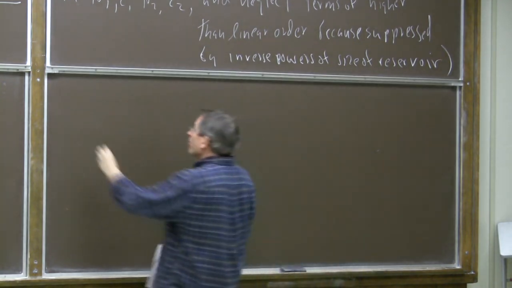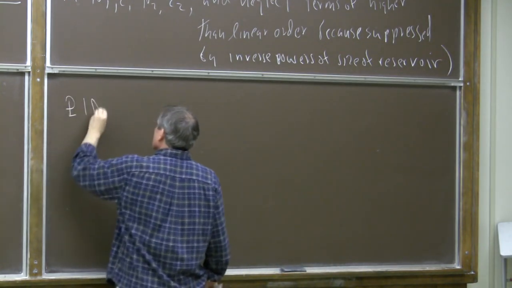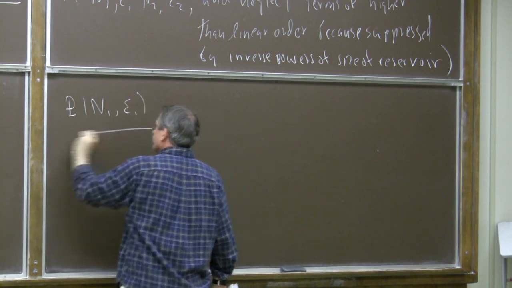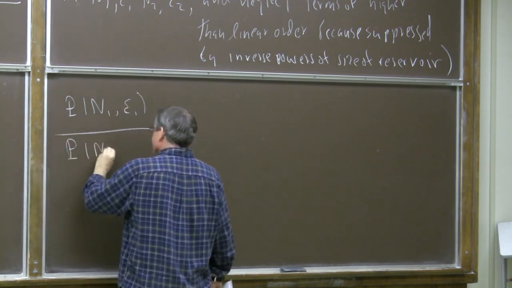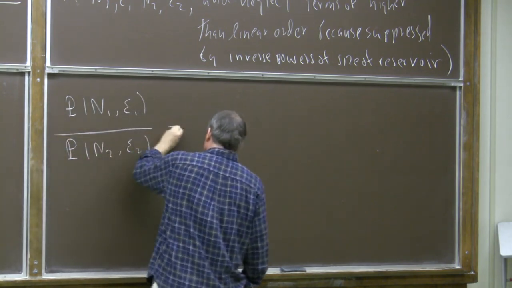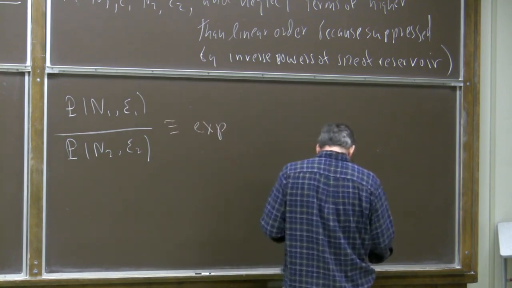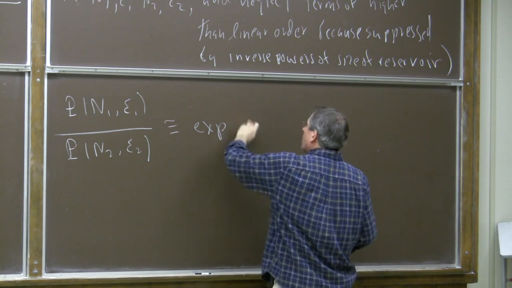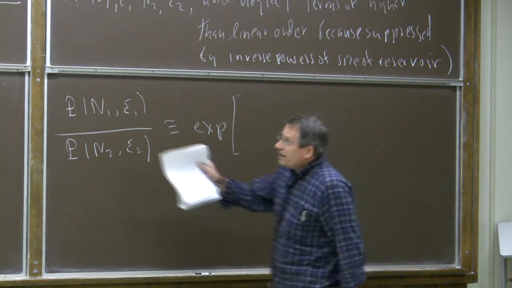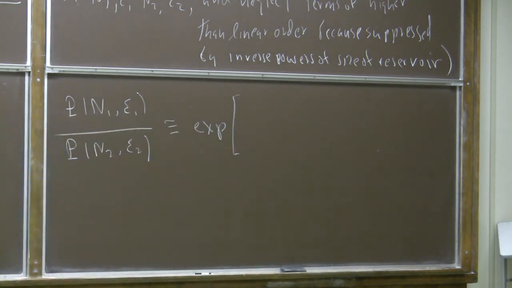And so this ratio of probabilities becomes the exponential of minus, the minus sign comes from here. We're considering the entropy now as a function of the number of particles.